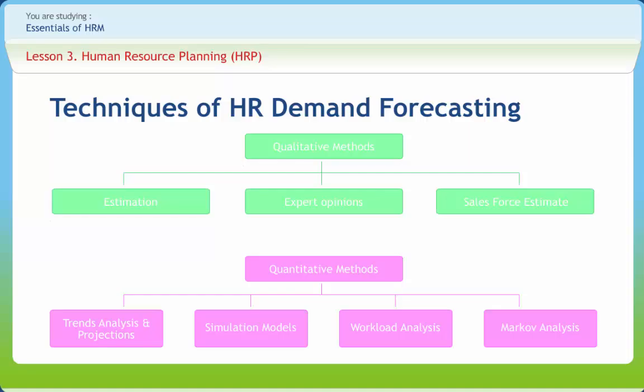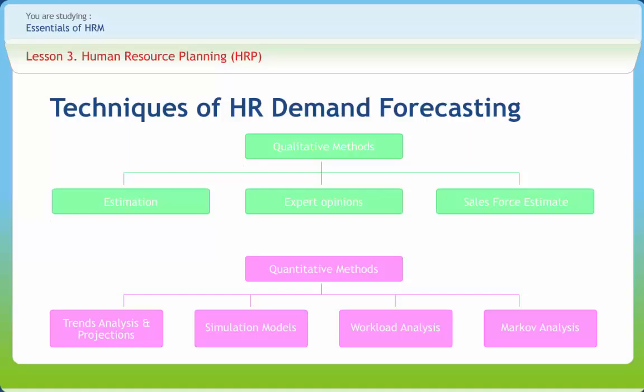Third is the nominal group technique, in which experts give their individual opinion in a meeting and modify their opinion till a consensus is reached. And last is the averaging technique, in which a simple average of all estimates is taken. The third of the qualitative techniques is Salesforce estimation. This method is used when a new product is launched. The sales personnel are asked to estimate the demand for the product, based on which the HR demand is estimated.